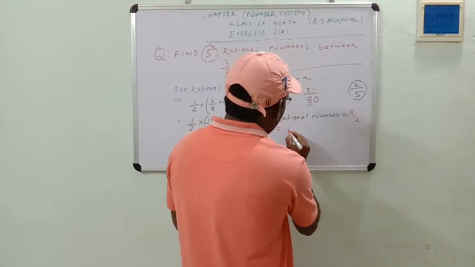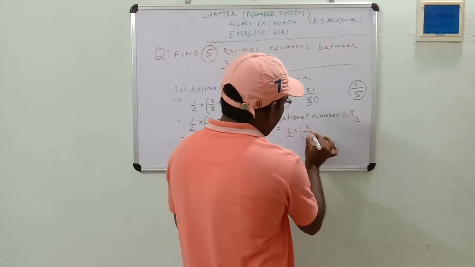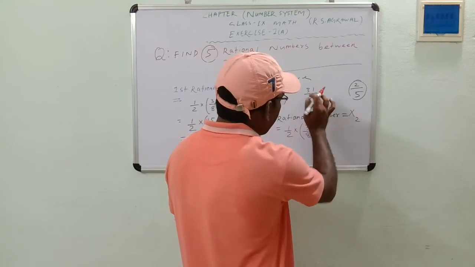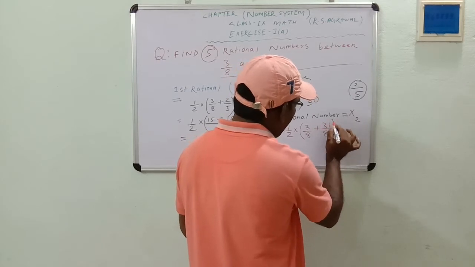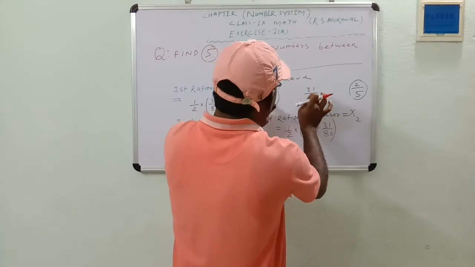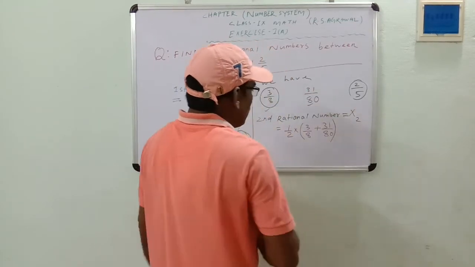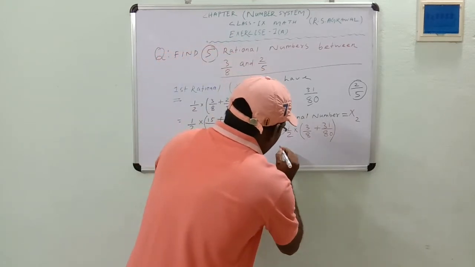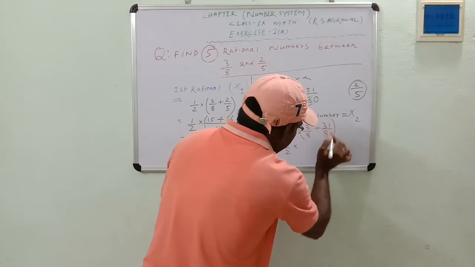x2 equals 1/2 into 3/8. The value of a will be taken as 3/8 and the value of b will be taken as 31/80, because you want to find out a rational number between these 2 rational numbers. So it is a, it is b. Equal to 1/2 into, now take the LCM.